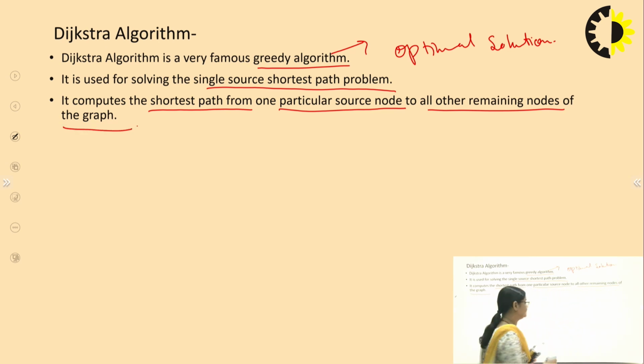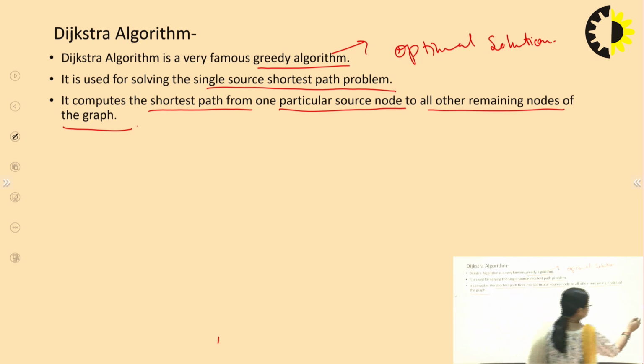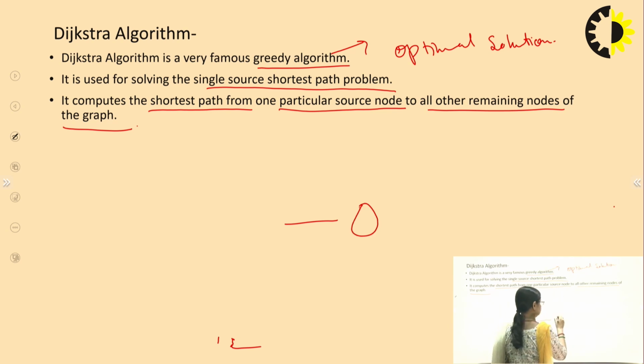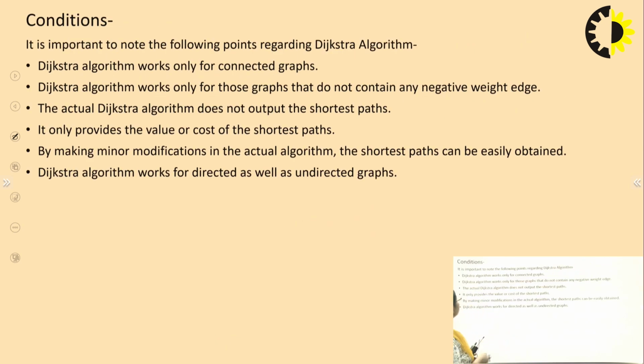It means that, let me explain in the other slide. What are the conditions? I am going to explain how I am going to solve it with another slide, right?